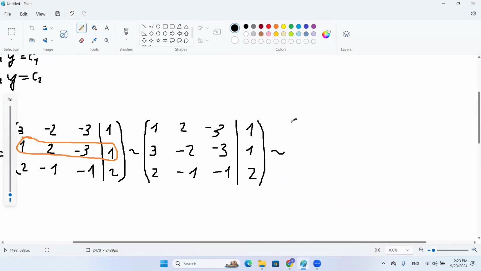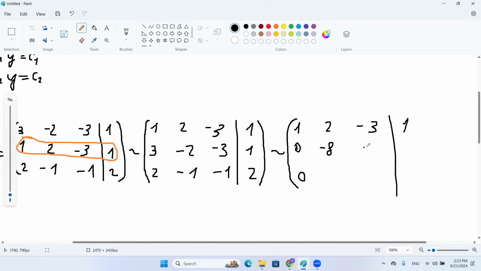And now what we should do. I want to eliminate these elements. Okay, firstly, we should multiply the first row by 3 and subtract the second row. So minus 8.